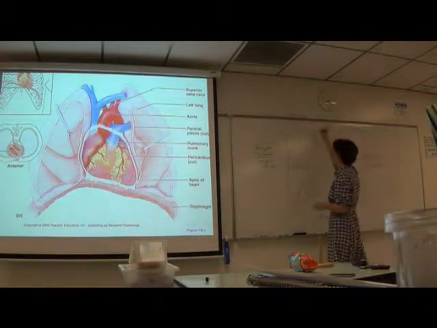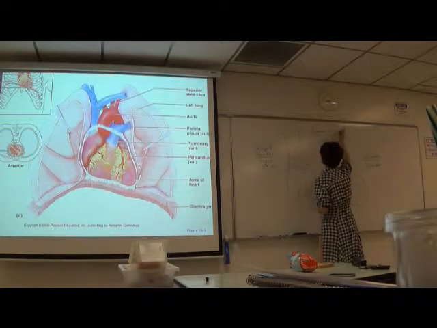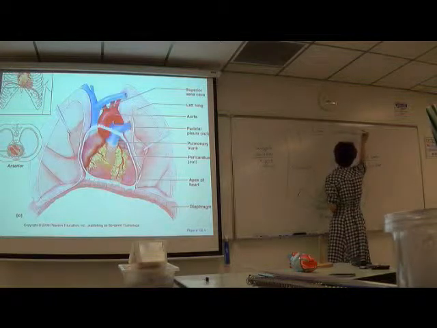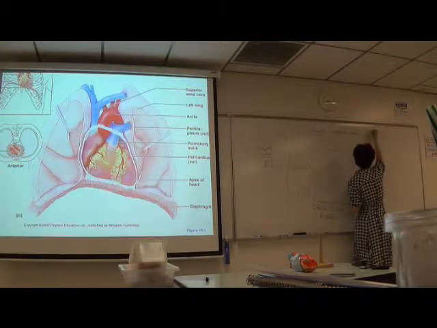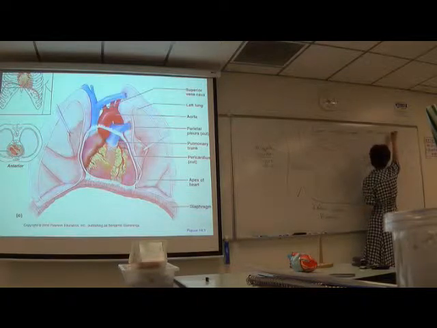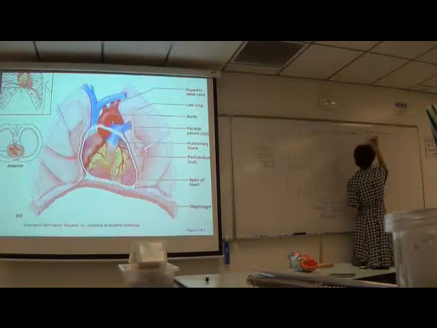And the superior border or base is typically given to the great vessels, which are the superior vena cava, the aorta, and the pulmonary trunk.